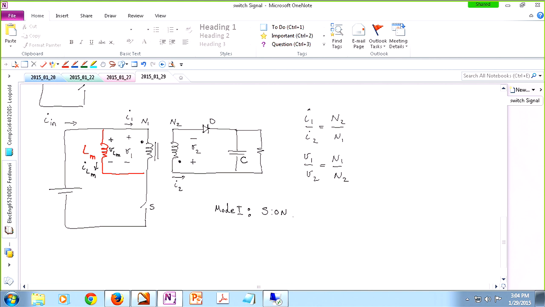So let's take a look. If we close the switch, basically what happens is I'm actually providing a short circuit path over here. That means I'm actually applying the input voltage across the primary side of the transformer, the ideal transformer. So switch is on.